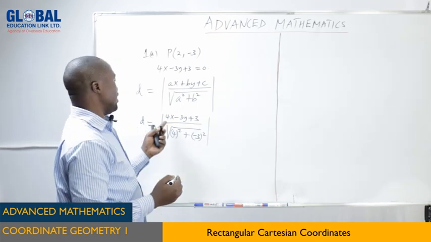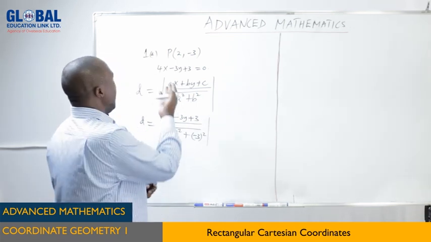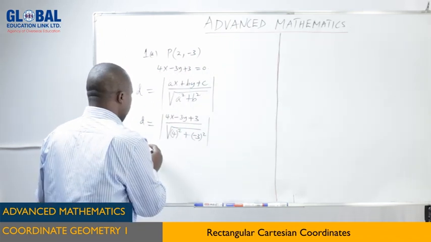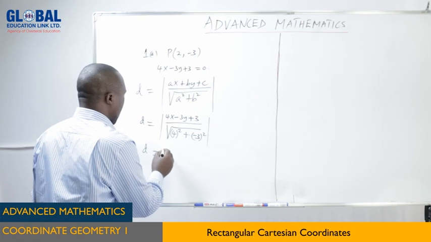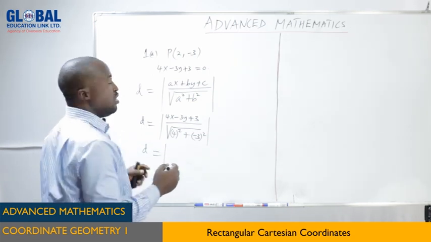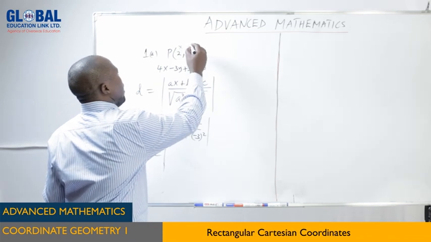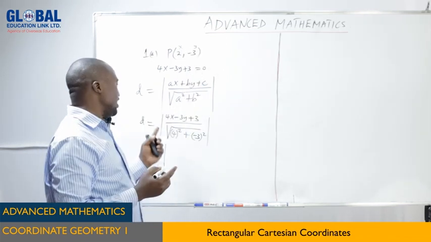Okay? But in this equation, we have to substitute the given coordinate, that is coordinate P. So D will be equal to the absolute of, remember we have the value of x and the value of y. So just substitute directly in our equation.